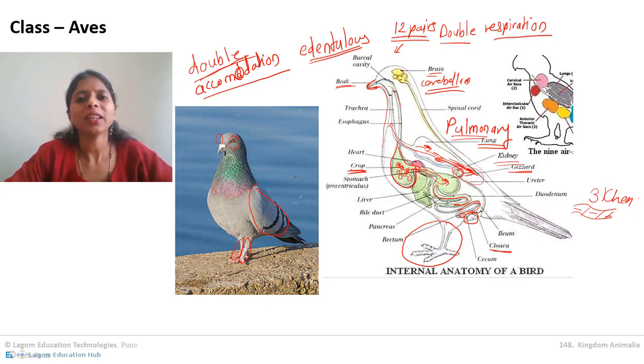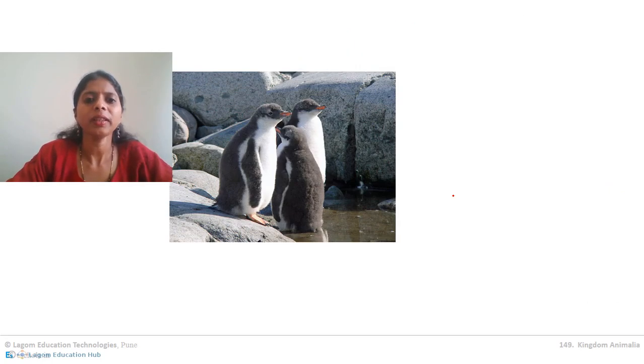Now these are a few characteristics of birds. Now let us see examples of some exceptional birds which cannot fly or which can even swim, and then we'll list all the characteristics of Aves. The bird which cannot fly and which can swim properly is the penguin.